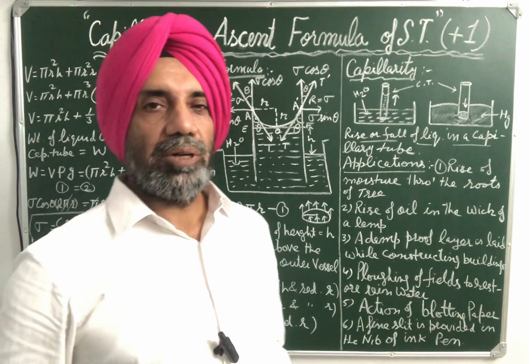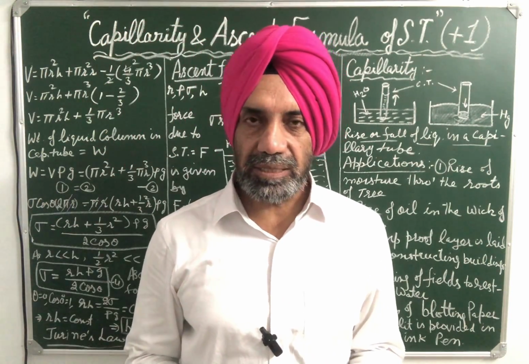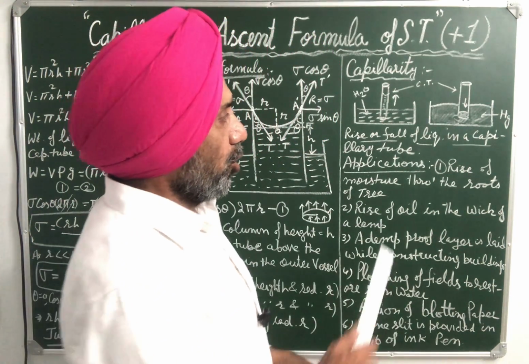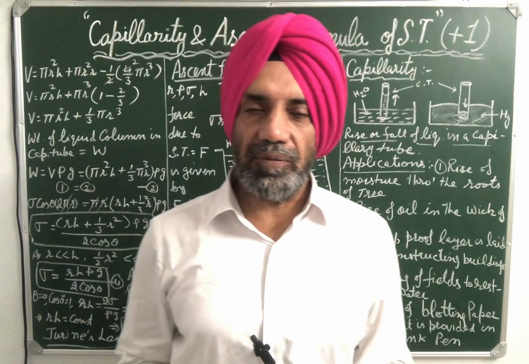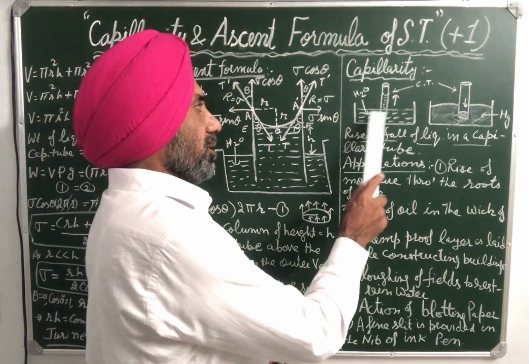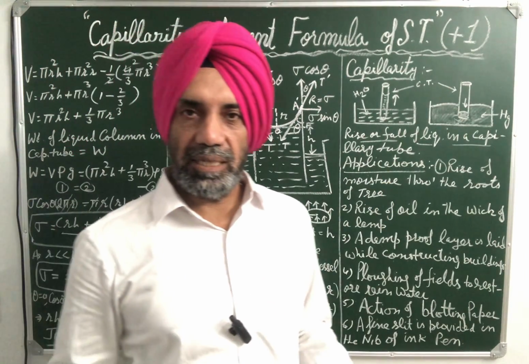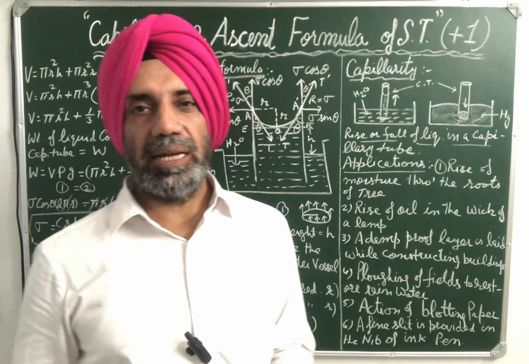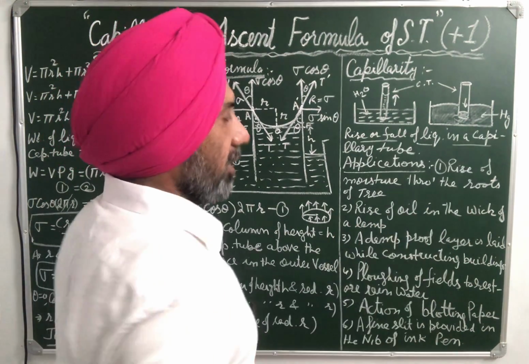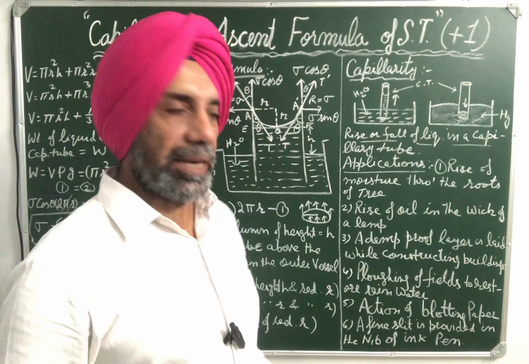So those liquids which wet the surface of glass rise in the capillary tube, whereas those liquids which do not wet the surface of glass fall in the capillary tube. So water rises in the capillary tube, mercury falls in the capillary tube. So this rise or fall of a liquid in capillary tube is known as capillarity.